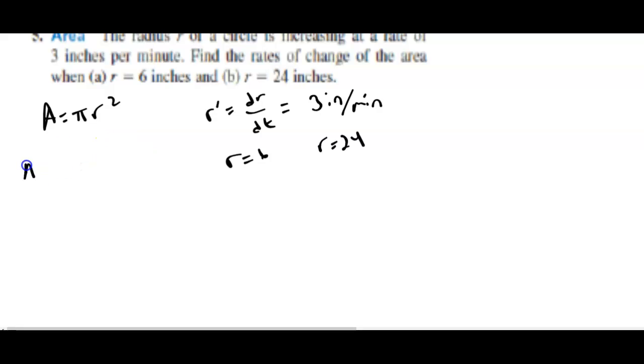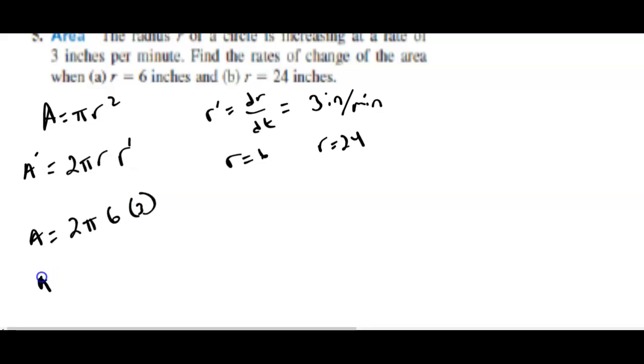Right here, A prime equals 2 pi R times R prime, or you can say dr over dt. So we have A equals 2 pi R, which is 6 times 3.